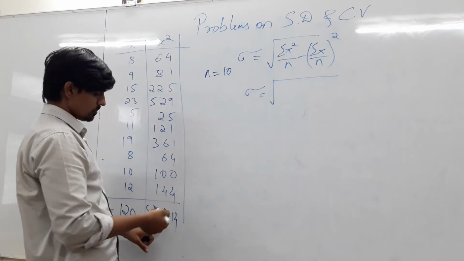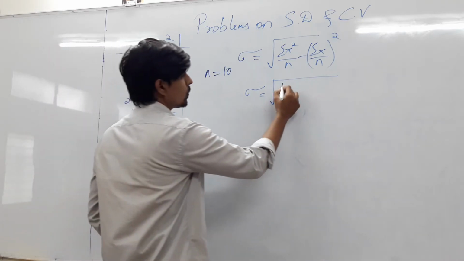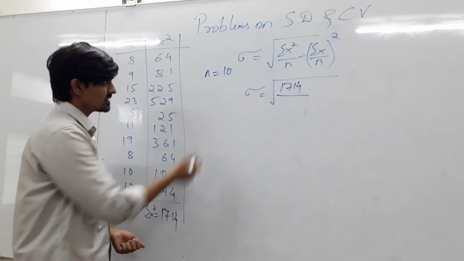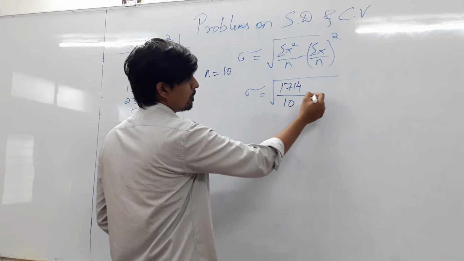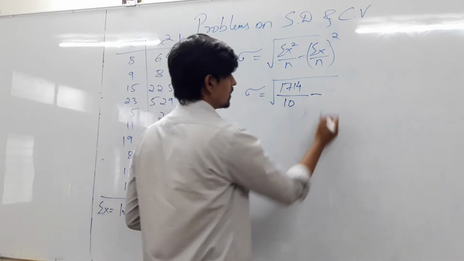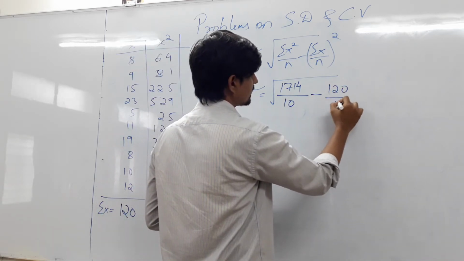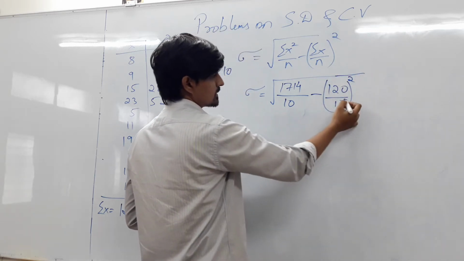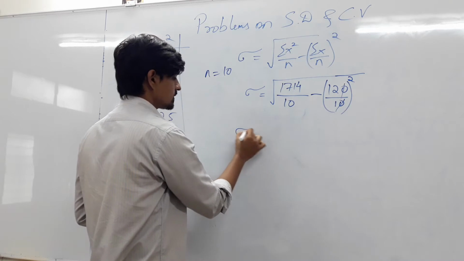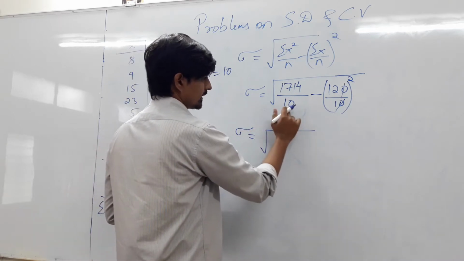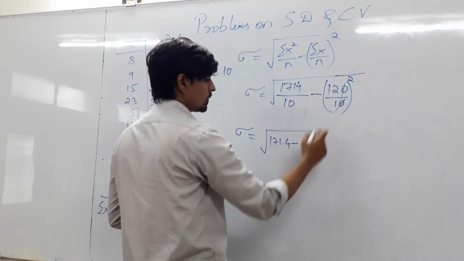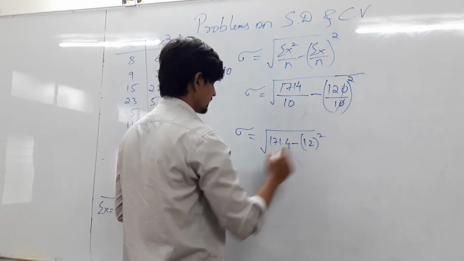Now let's put the values in the respective formula. Summation x square is 1714, divided by n. How much is n? 10. Minus (summation x, 120, by 10) whole square. The 0 gets cancelled. Sigma is equal to under root 171.4 minus what is remaining, 12 square, that is 144.